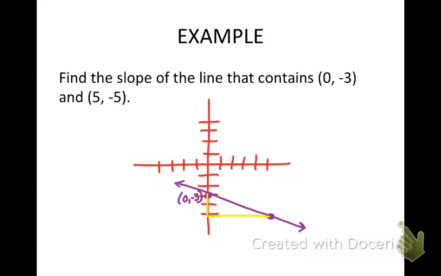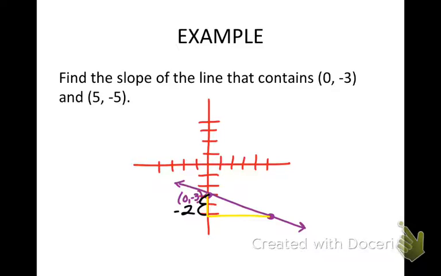The y. So if you think about your rise, you're going either up or down, right? So this line right here represents my rise. Is it going up or is it going down? Down. It's going down and then it's going over. So my rise is how many units? 2. But since it's going down, it's going to be -2. Now my run, if you think about you running, you're either running forward or running backwards.